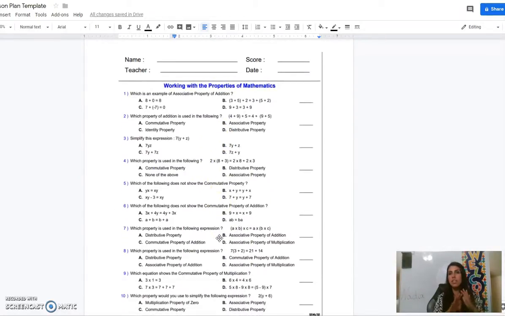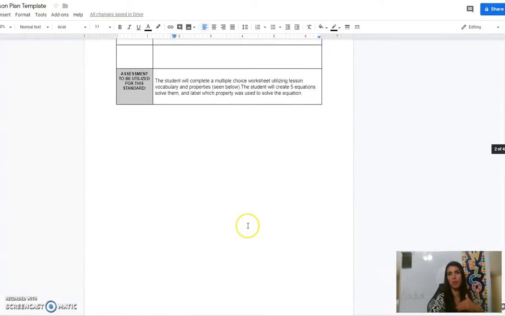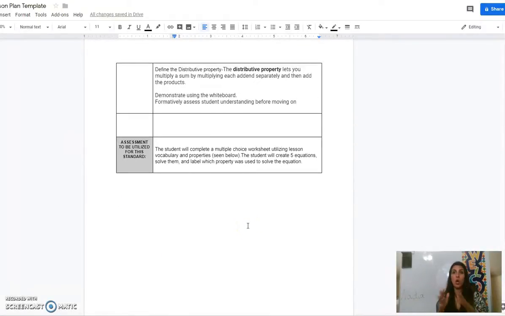So just some basic question and answering, where do we see the associative property of addition, using the distributive property, etc. So he'll have multiple choice on that one. And then I want him to, on his own, create 5 questions, and I want to see at least each property used one time. All right, so that is my plan for Jacob.